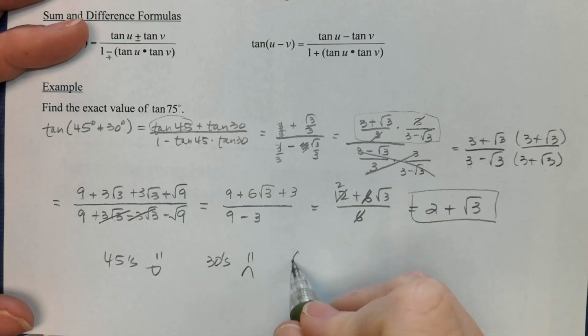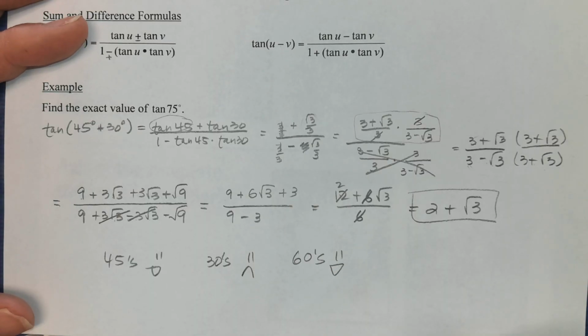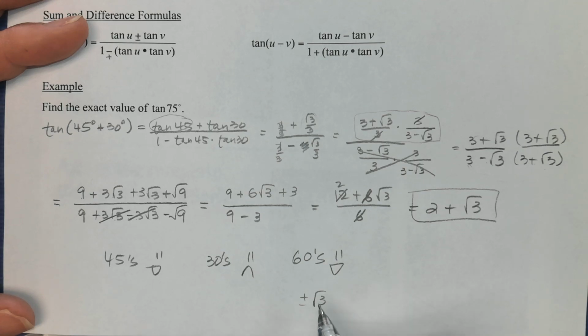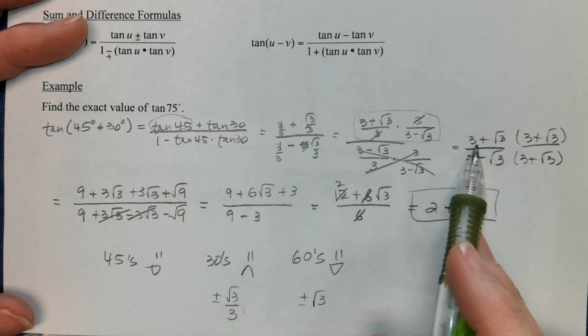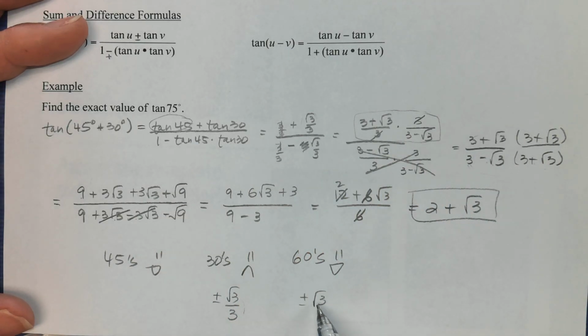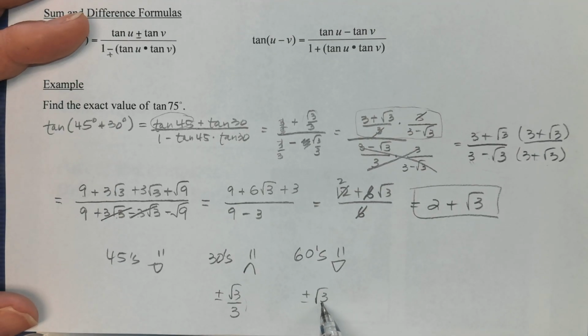If you can use your 60s, those would be a much better option. All of the 60s are some value of square root of 3, so that's a lot easier to deal with than square root of 3 over 3. Introducing a fraction into our fraction formula kind of created all this extra work. If we can stick to a 60, which is plus or minus square root of 3, then I don't have any fractions, so you're just putting that value in, and the 45s are all plus and minus 1s.